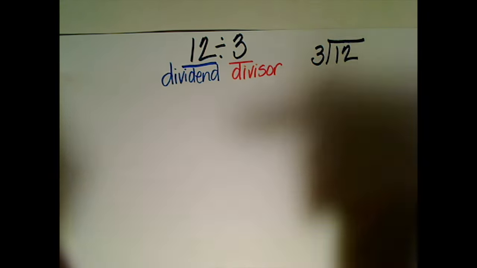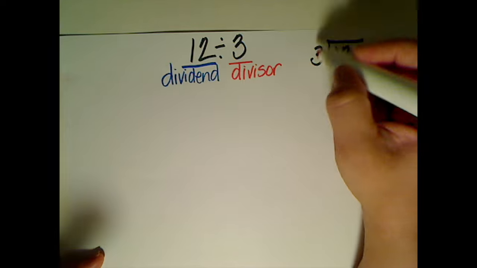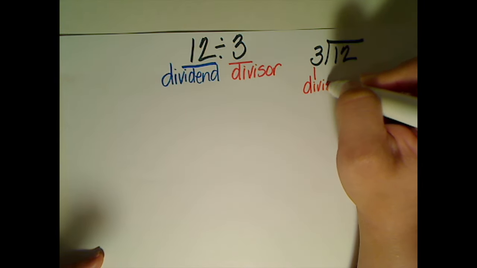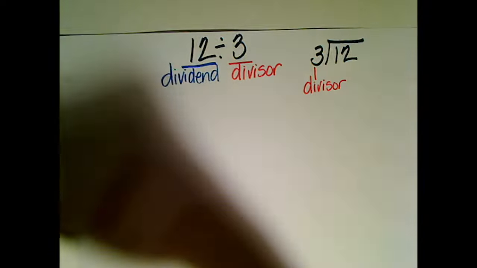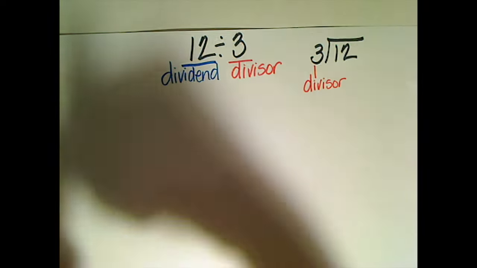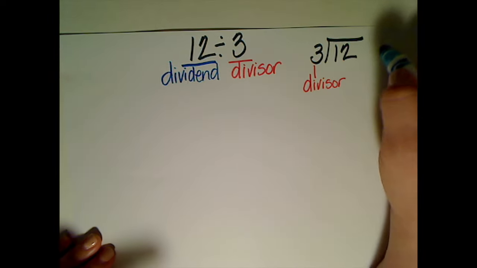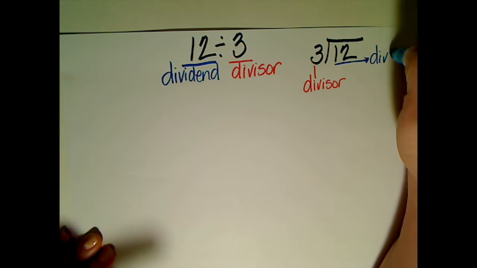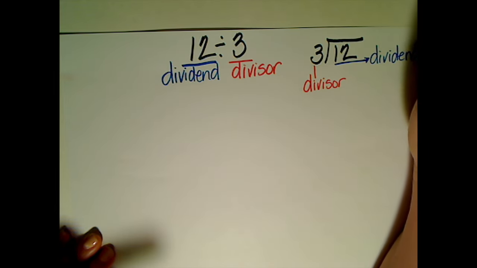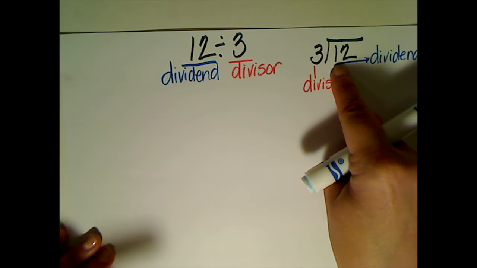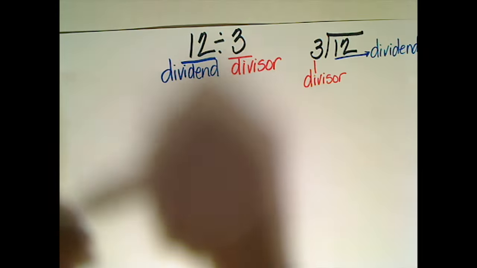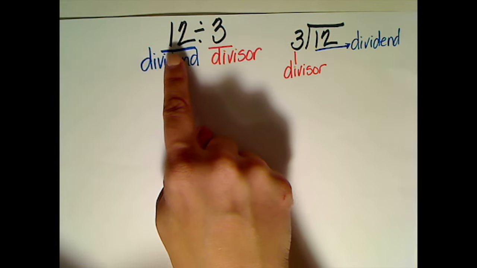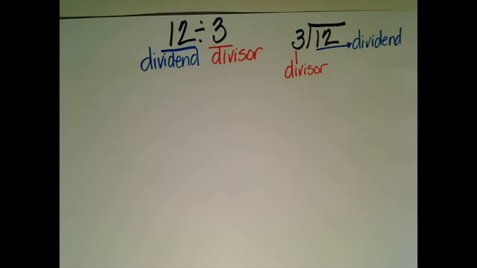Which is our divisor? That's right. 3 is still our divisor. It's being divided into our dividend, which the value of this is 12. 1 tens, 2 ones create 12. 3 ones create 3. Okay. 12 is our dividend, 3 is our divisor.